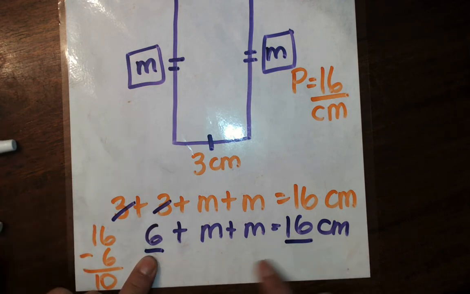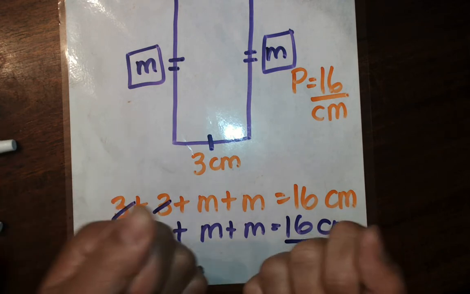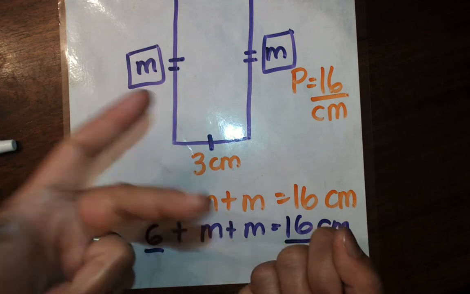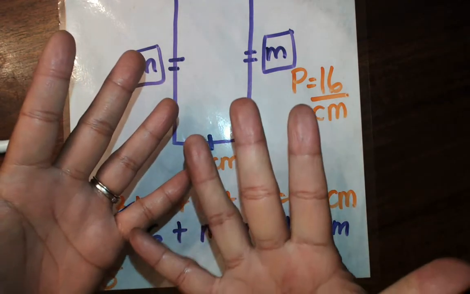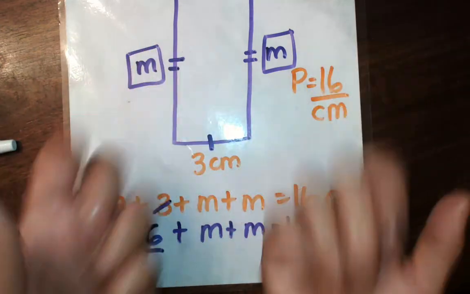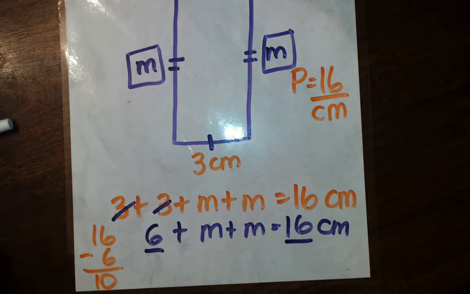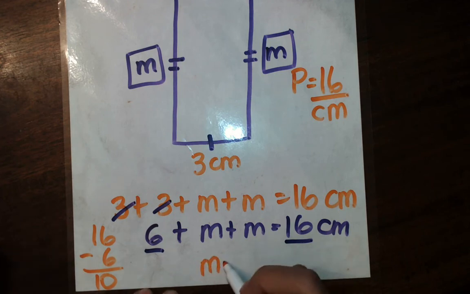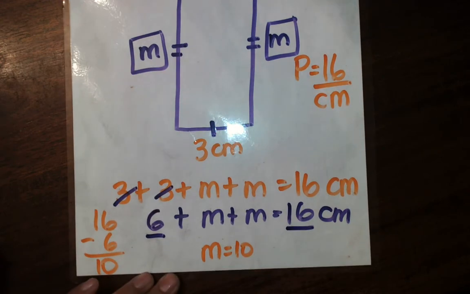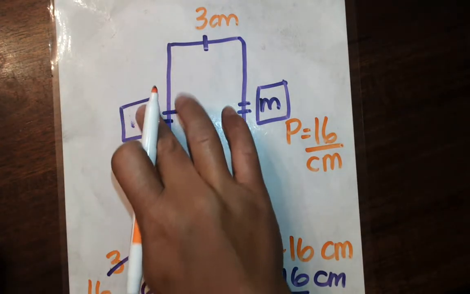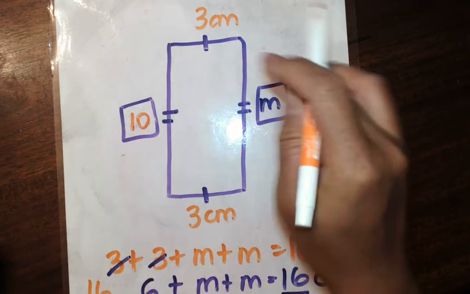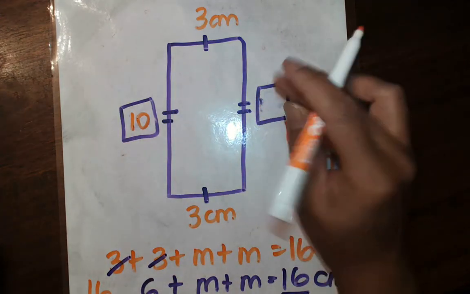Starting at 6, get all the way to 16. 6, 7, 8, 9, 10, 11, 12, 13, 14, 15, 16. Okay, so I also got 10. But does that mean that the letter M equals 10? Meaning, is this side 10? And is this side also 10?